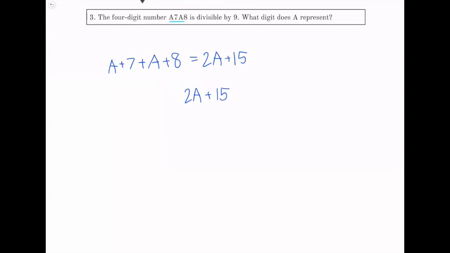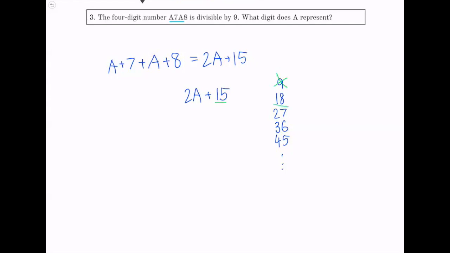Okay, so what are the possible multiples of 9? 9, 18, 27, 36, 45, and so on. So now what can we do from here? Of course 9 is impossible because we already have 15, so that would mean A is negative, and that's not allowed.